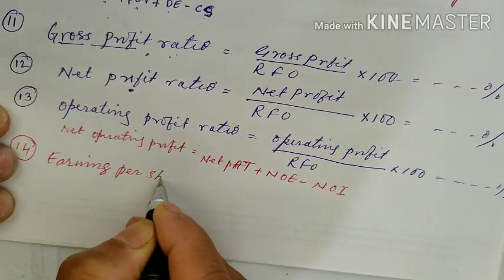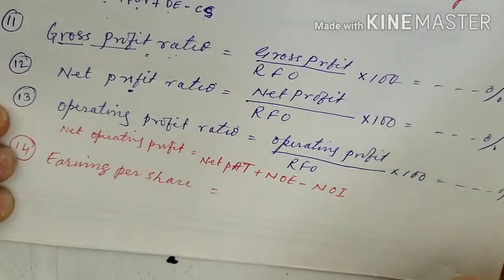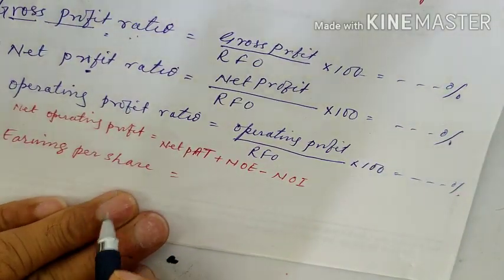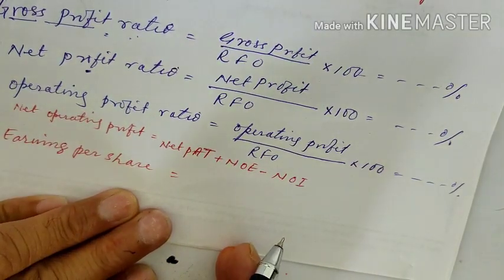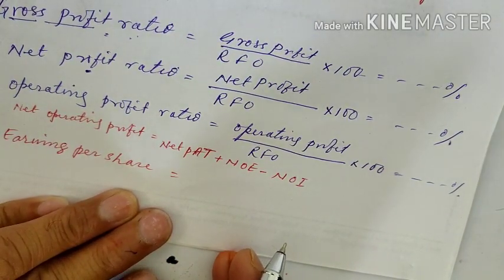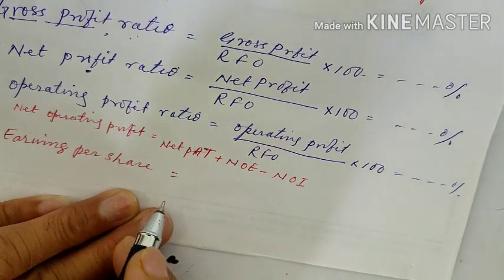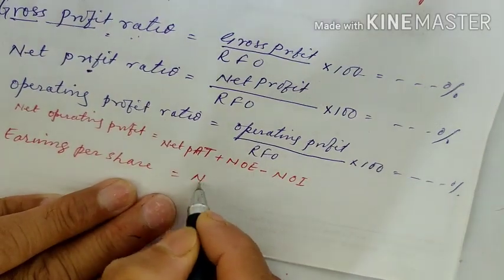Earning per share. Earning for whom? Earning for the shareholders. What is called earning? Earning here means profit. Profit available to the shareholders. And this profit is called what?